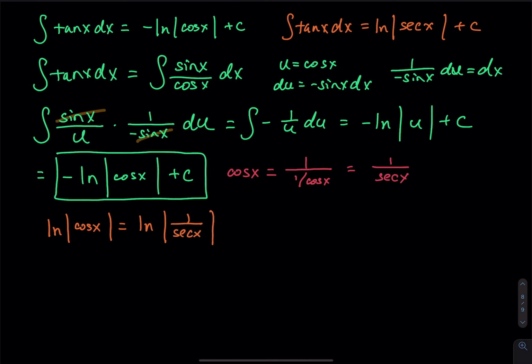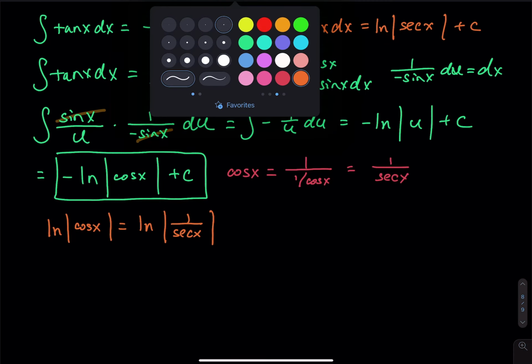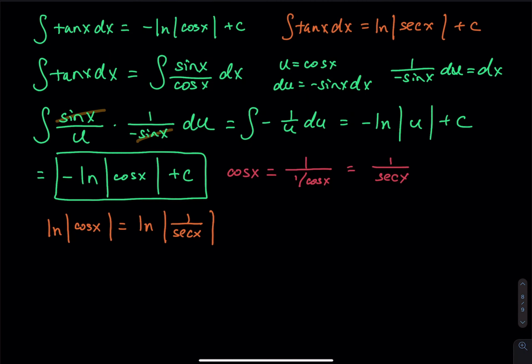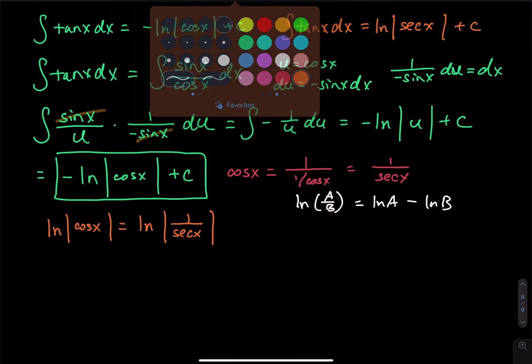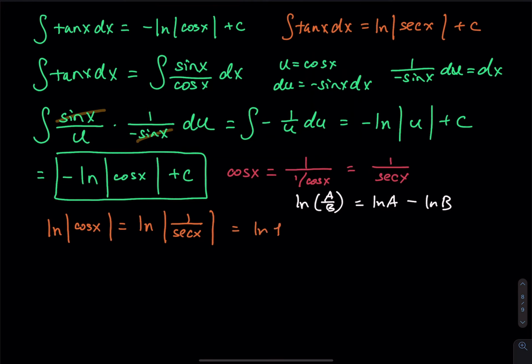Then you have to recall another formula you study in precalculus. If you have ln of a divided by b, that is equal to ln a minus ln b. Remember that? So in this problem, we have ln 1 minus ln absolute value of secant x. And then ln 1 is equal to 0.